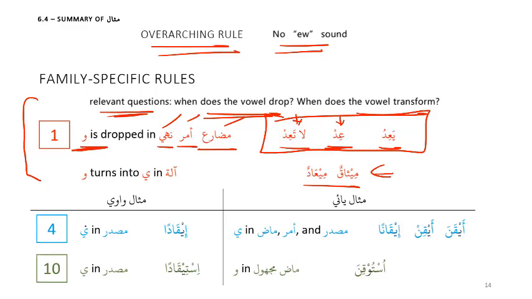And then over here, form 4, this is babe ifal, akrama yukrimu ikraman. If we are talking about misale wawi, then we have a replacement. So the waw becomes ya in the masdar, like iqadan. So this was a waw, but it becomes ya.